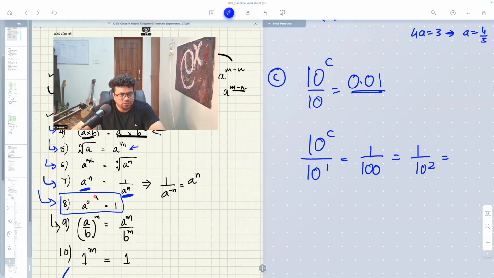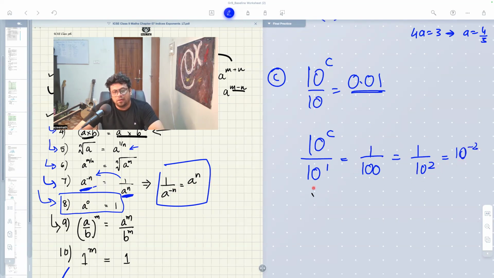Well, if I use this rule, 1 by a to the power of minus n is a to the power of n, or a to the power of minus n is 1 by a to the power of n. You can actually see me walking back from here to that part. 1 by a to the power of n, 1 by 10 to the power of 2 is 10 to the power of minus 2. That's what you have on the left.